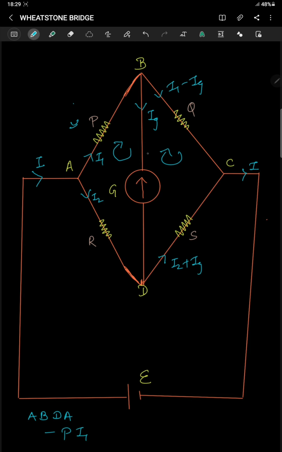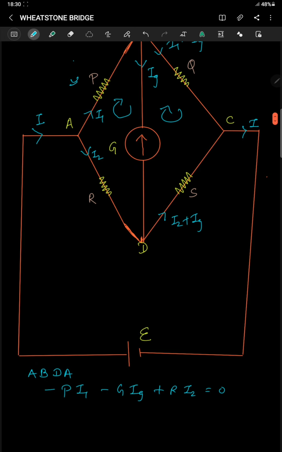Here my direction and current direction are the same in case of the galvanometer, so minus G into Ig. Now for the third one, my direction is this one, current direction is opposite. So it will be positive, plus R I2 is equal to 0. Let me give it as equation 1. Similarly, we can also apply for the loop B, C, D.